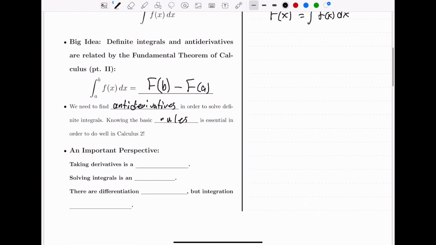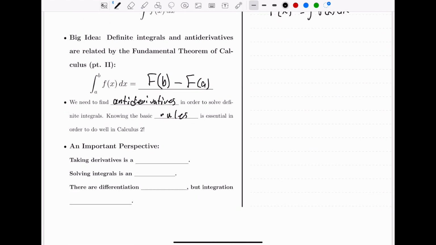Now, let's look at an important perspective. Let's think of the difference between derivatives and integrals. Taking derivatives is a process. We have derivative rules like the quotient rule, chain rule, product rule, all these different derivative rules. And once we learn the derivative rules, it's just a process to apply them to certain problems and find derivatives. In some sense, there's no such thing as a difficult derivative problem. They can get complicated.